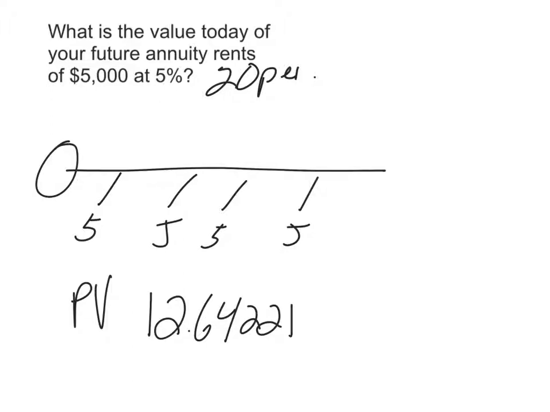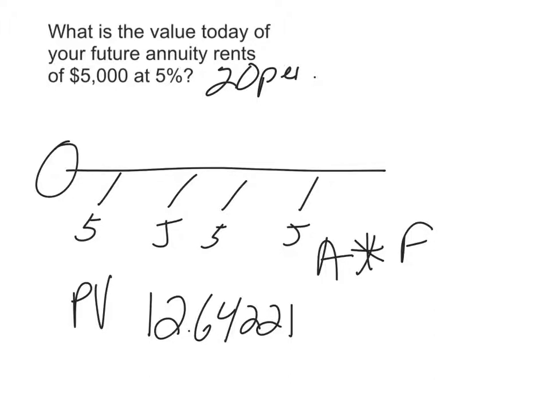Just like in the prior problem, you're going to take your annuity amount or your rent amount times the factor. So we're going to take 5,000 times your annuity of 12.64221, and you end up with a value of $63,211.